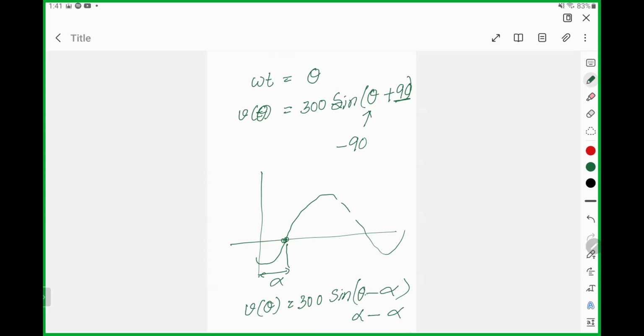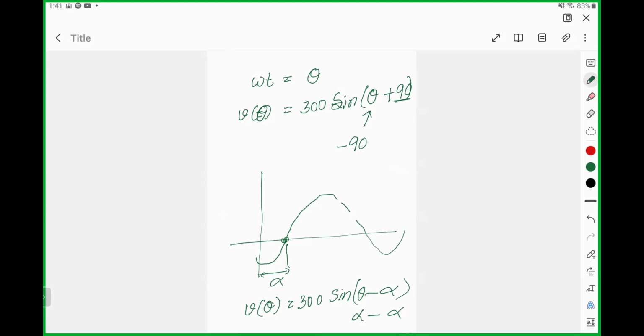Clear? Yes or no? So if I move to the right, that means at some positive value of theta it becomes 0, so that has to be subtracted. If I move to the left from the origin, that means at some negative value of theta it becomes 0, so that has to be added.